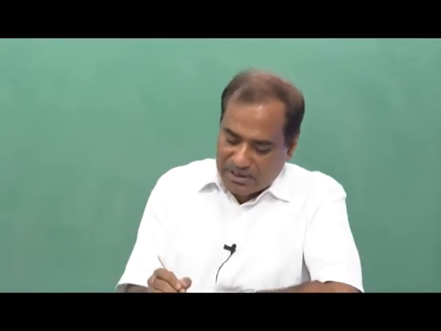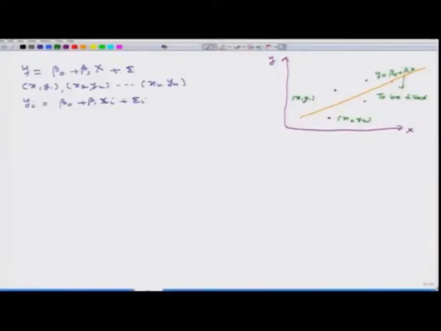In this case, we also had assumed that this epsilon i has mean 0 and variance sigma square, and we also assume that epsilons are IID. That means they are identically and independently distributed.